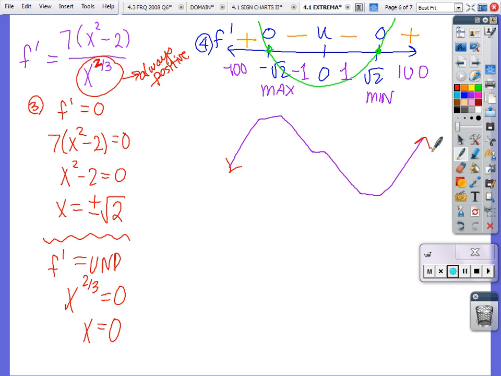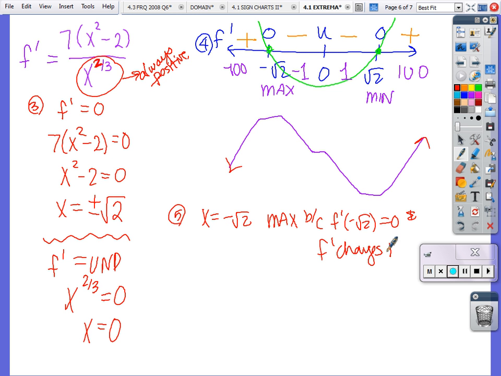But I know that x equals negative root 2, so this is step 5, is a max, because f prime of negative root 2 equals 0, and f prime changes plus to minus. I know that x equals positive root 2 is a minimum, because f prime of positive root 2 equals 0, and f prime changes negative to positive.